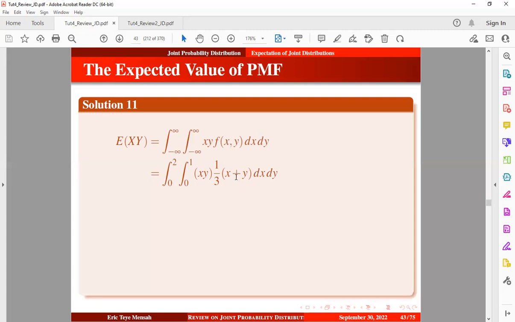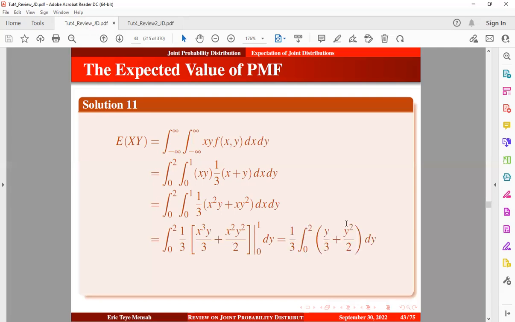Once we multiply through by this real value function, we obtain this. Now we can take the integral with respect to x. Once we do that, we obtain this, and when we input the values, we obtain that. Now we can take the integral with respect to y. Once we do that, we obtain this, and once we input the values, we also obtain this, which is very quite simple. Okay.